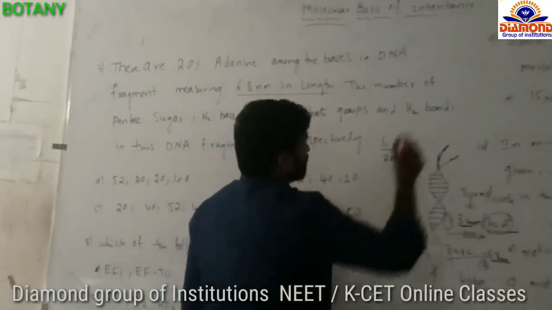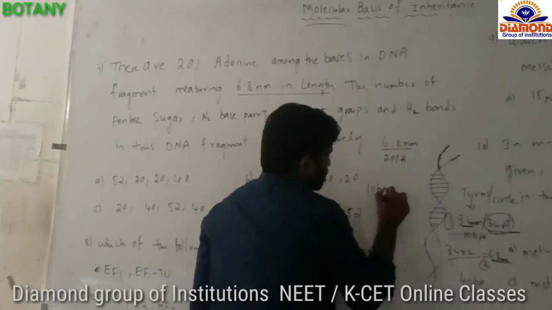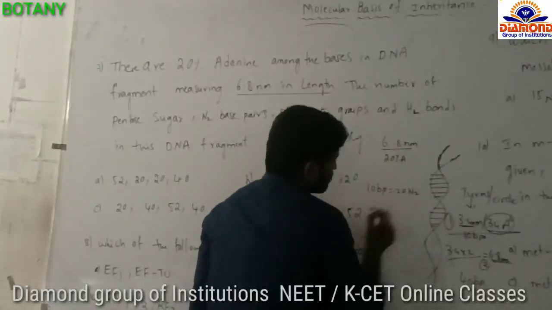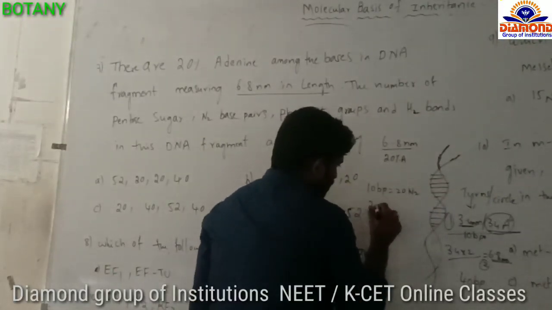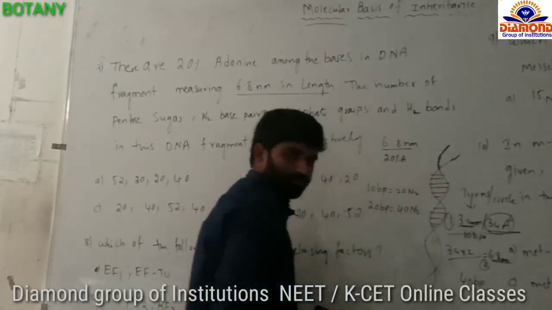So one helix equals 10 base pairs, which is 20 nitrogen bases. So 2 helices equal 20 base pairs, meaning 40 nitrogen bases.